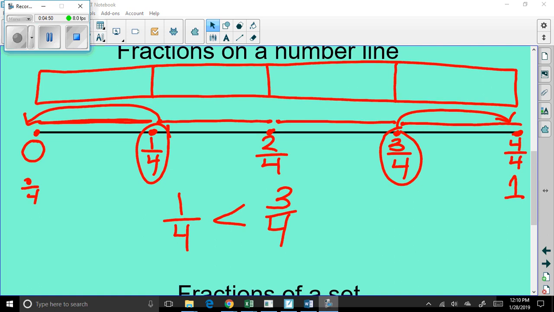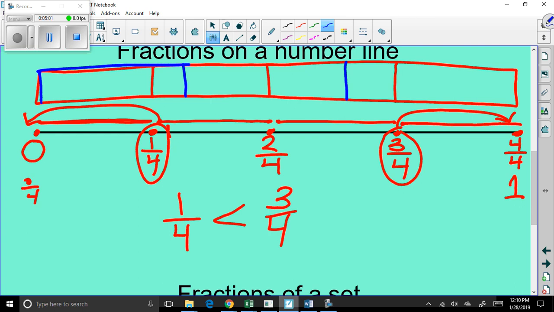Now, if I took the same number line and wanted to break it up into thirds, I'm going to do that using this blue line here. And so now we can say that this blue section here is a third. And I'm going to use that to help guide me on the number line. Here's a third, and here's a third. And I can do it with dots too to make tick marks.